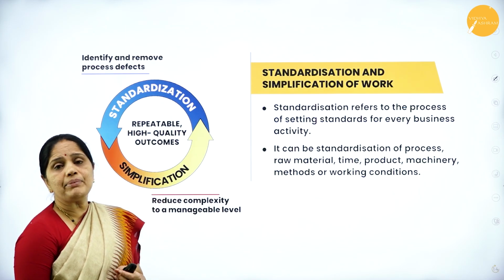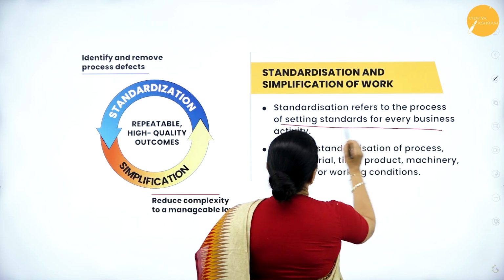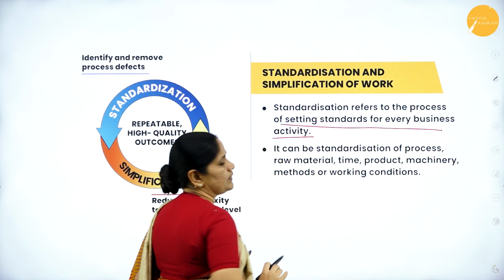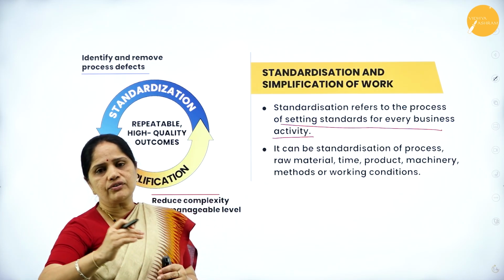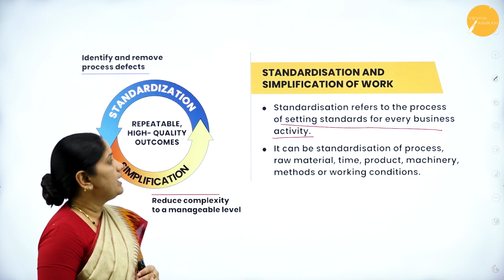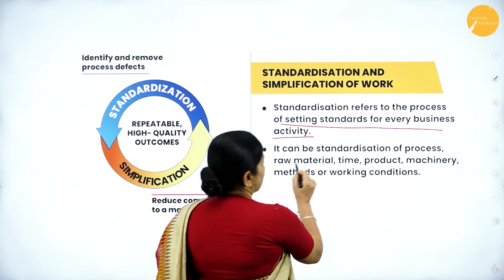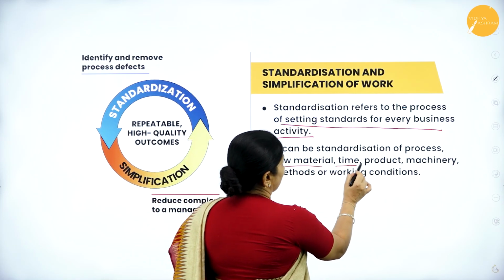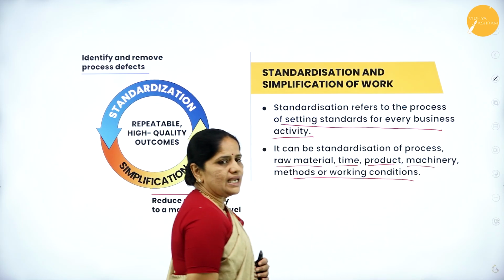Now, what do we mean by standardization? It refers to the process of setting standards for every business activity. So, whatever the business activity, you have to set the standard first. That is the technique of F.W. Taylor. It can be standardization of process, raw material, time, product, machinery, methods or working conditions.